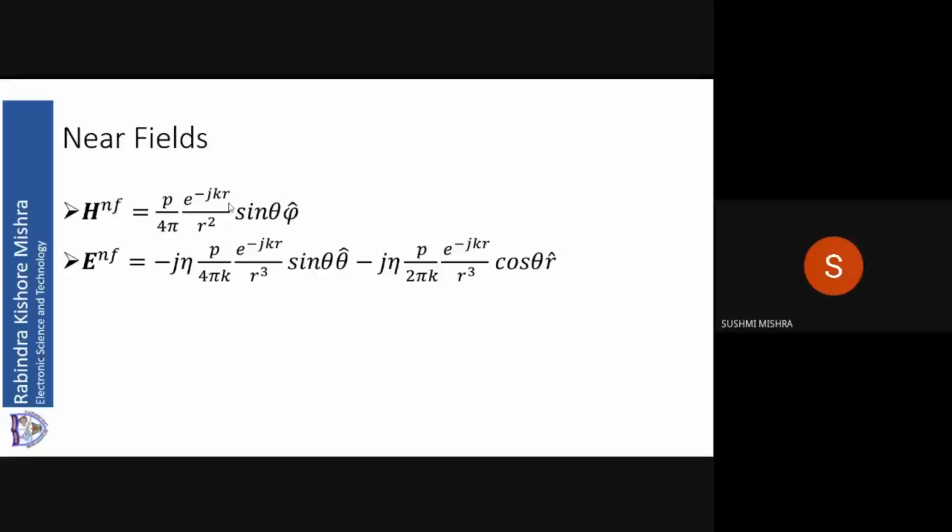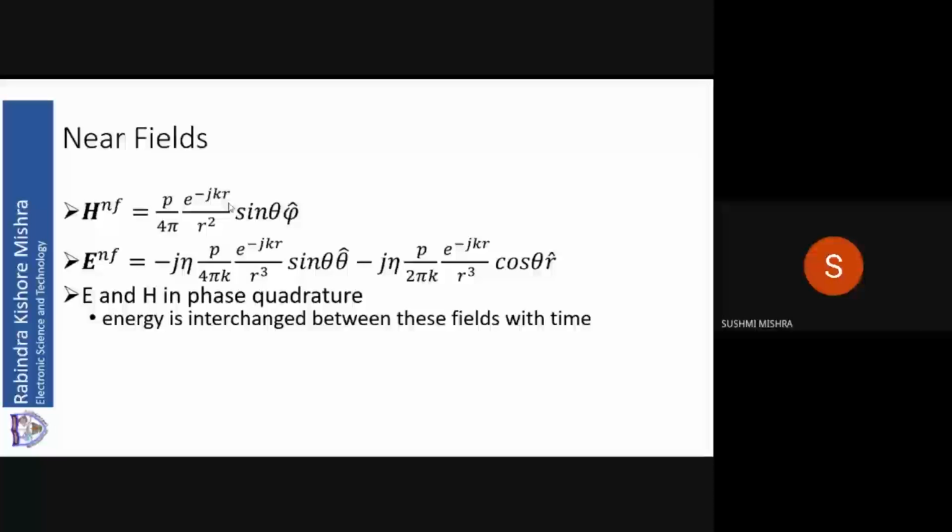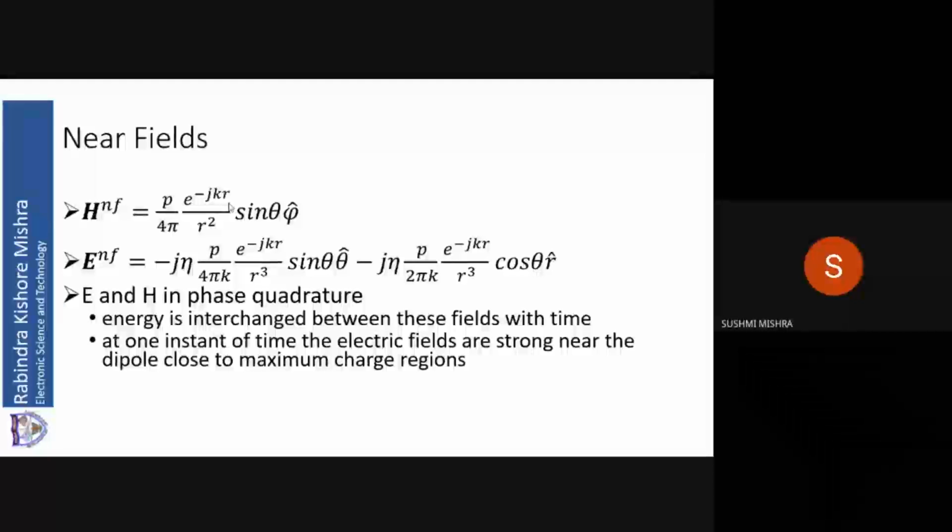Look at the denominator, there is a k term. Both of them contain the k term. So the energy is interchanged between these fields with time. Because they are in phase, the energy will interchange between them in time.